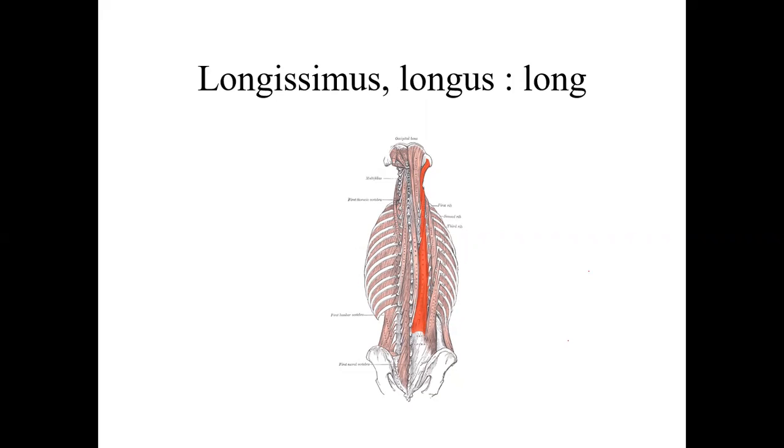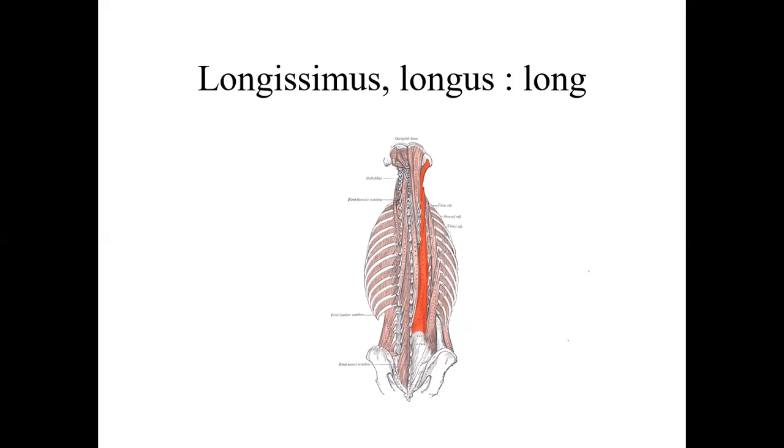Longissimus, shockingly, means long. Here I have a long muscle that goes all the way from my tympanic bulla all the way just cranial to my pelvis. We have a couple of these that run on either side of my vertebral column. So intercostal would be these.